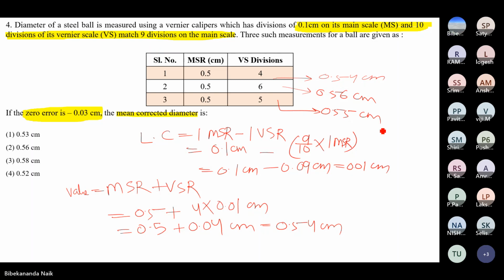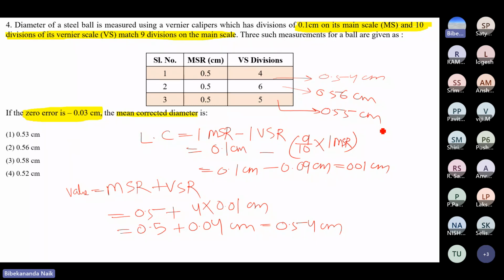So for all three observations, the observer has measured 3 times, and each time the vernier divisions are different. So the readings are different: 0.54 in the first case, 0.56 in the second case, and 0.55 in the third case.